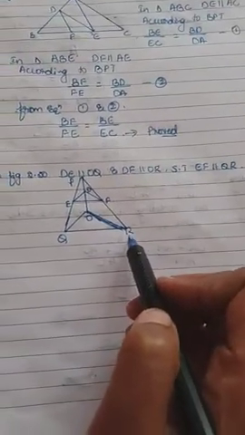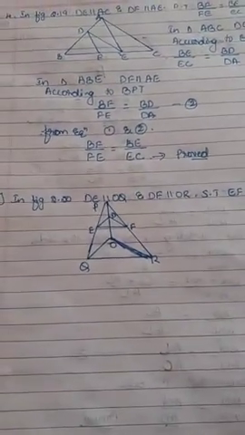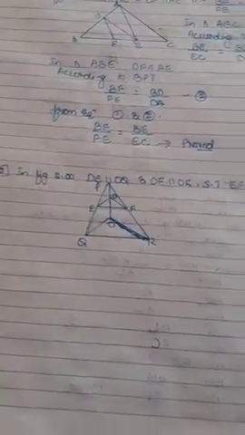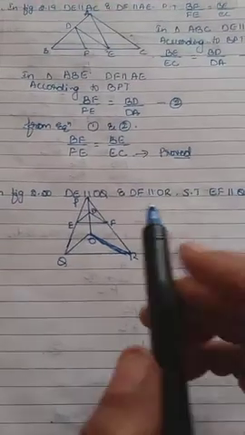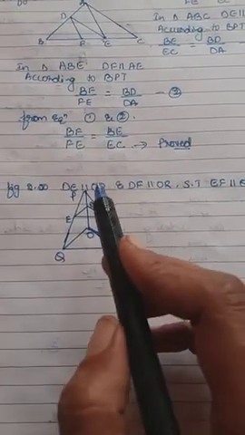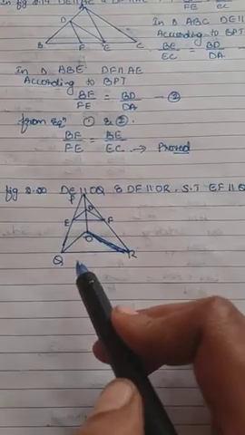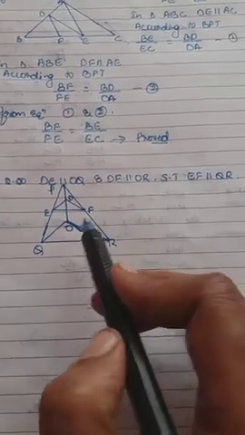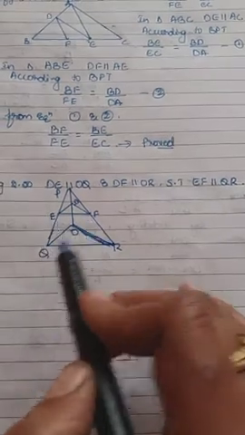I told you already that the converse of the basic proportionality theorem we can use here. So if we are proving PE divided by EQ equal to PF divided by FR, then both are parallel.